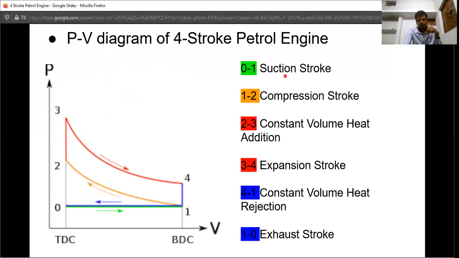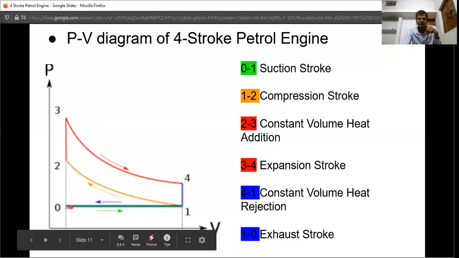In this stroke, the piston is drawn down to the bottom to allow the volume in the chamber to increase, so it can take in the fuel-air mixture. In terms of thermodynamics, this is referred to as an isobaric process. In easy language, an isobaric process is a process in which pressure is constant. So green line 0 to 1 represents the suction stroke, which is isobaric.